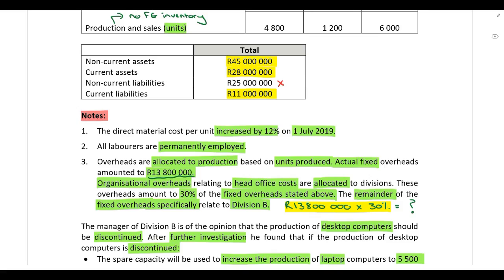Let's start with the calculation. So we're not yet actually looking at the discontinuation decision. First, we're just making sense of the actual results that we were provided with. All right, so first let's look at direct material.